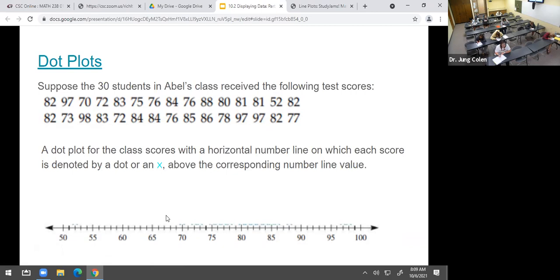Now you can mark with an X or a dot right above the number. For example, for 82, you can put a mark right above 82. So please represent all of this in your notebook.